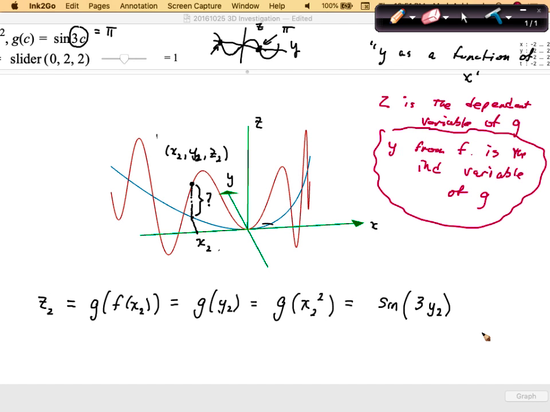I don't think I have that one. Very good. What else? Sine of 3 x2 squared. All right, more? Sine of 3 f of x2.